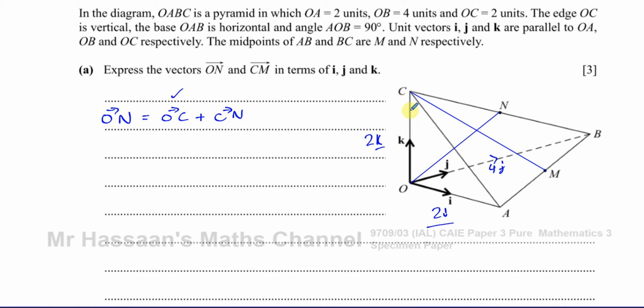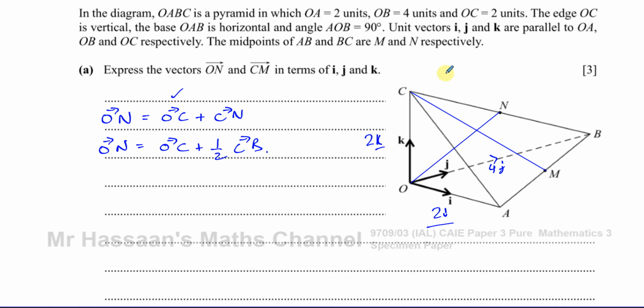No. I don't know what it is directly, but I know that C to N is half of C to B. So I can say O to N is equal to O to C plus a half of C to B.